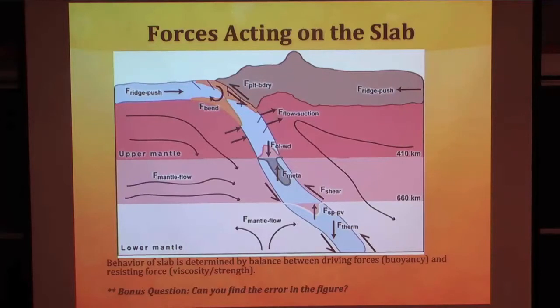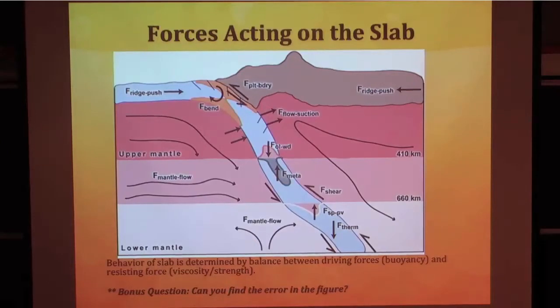Okay, so I'm going to show some thermal profiles of that later. But in general, you inherit the thermal structure of the slab from the cooling of the lithosphere as it goes in. The difference is that the top of the slab is coming in at zero temperature, and as soon as it hits the mantle, it's going to heat up very quickly. That means you're heating up the slab, but you're cooling off the mantle around it. So thermally, the slab is going to expand somewhat.